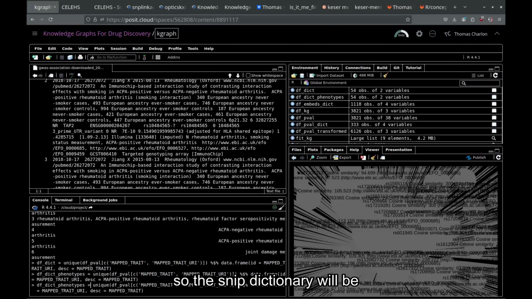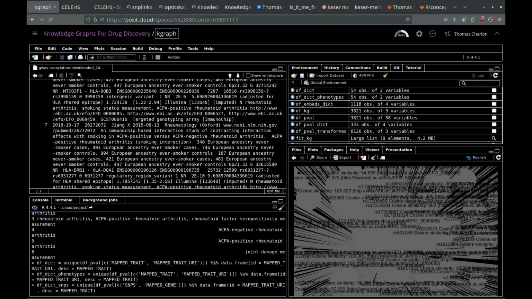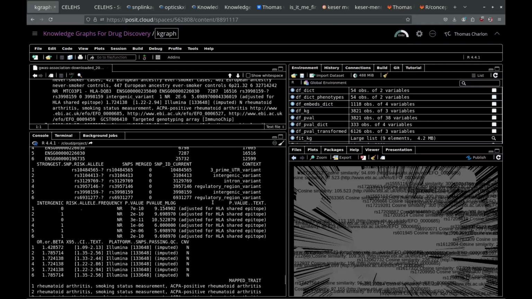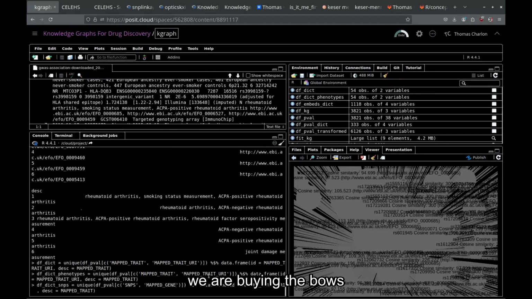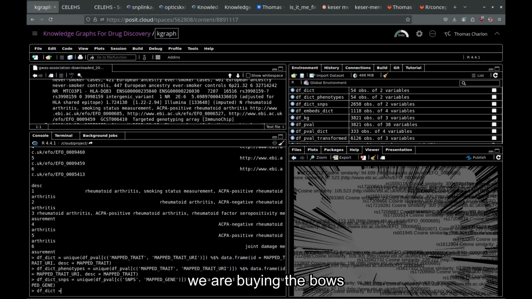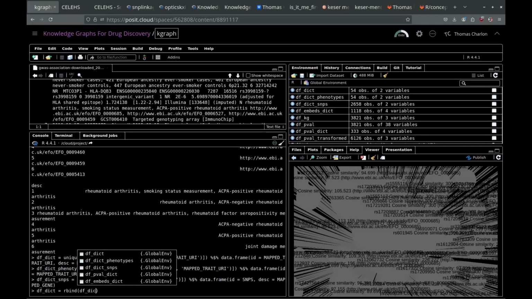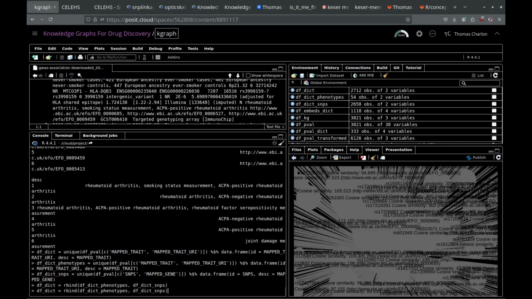So the SNP dictionary will be, I think it's map gene. We bind the both. We call the reshape, make sure to manage the multiple traits.